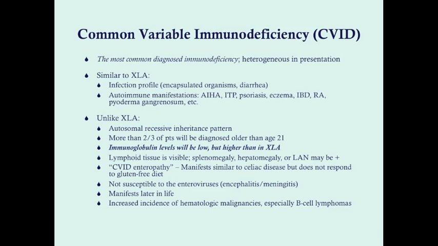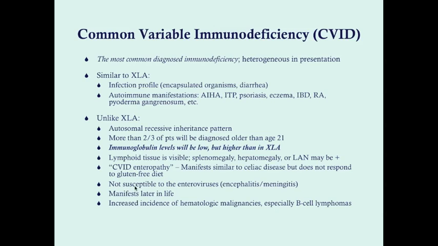What's the traditional way we test a patient for celiac disease? We get anti-TTG antibodies. That's an IgA antibody, and even if they do have celiac disease, they're not going to have that antibody present. So the only way you're going to be able to diagnose celiac disease in these patients is with an endoscopy and a biopsy. However, these patients will have the CVID enteropathy in many cases, which looks just like celiac disease and doesn't respond to a gluten-free diet.